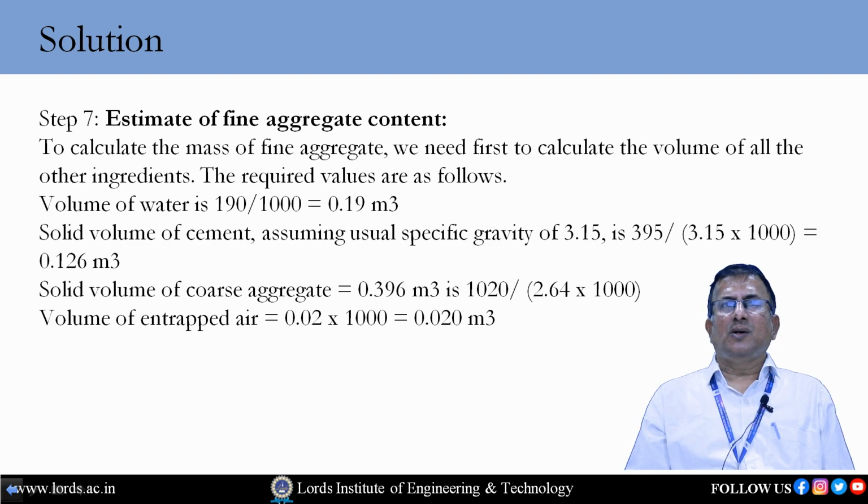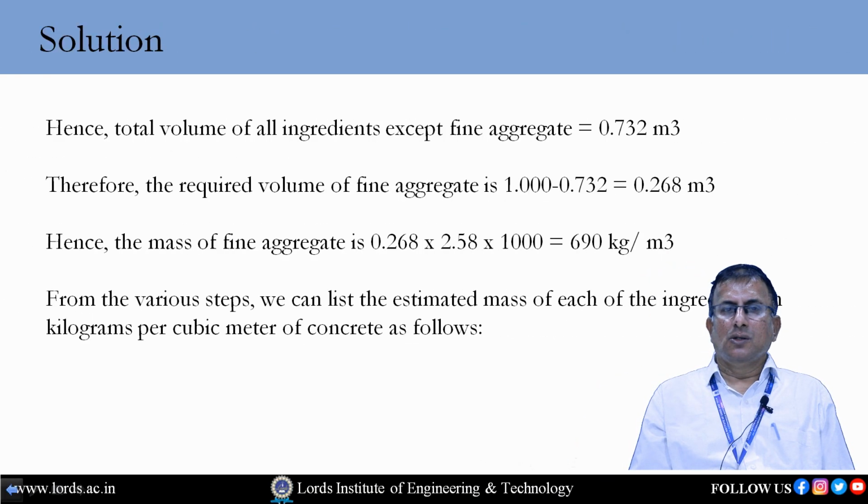So the total volume of the concrete equals volume of the water plus volume of the coarse aggregate plus volume of the cement, that comes to about 0.732 meter cubed. Therefore, the volume of the fine aggregate comes to 1 cubic meter minus 0.732, that is around 0.268 meter cubed.